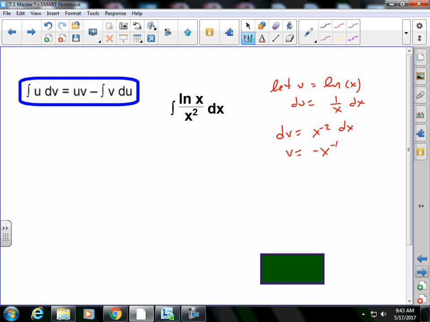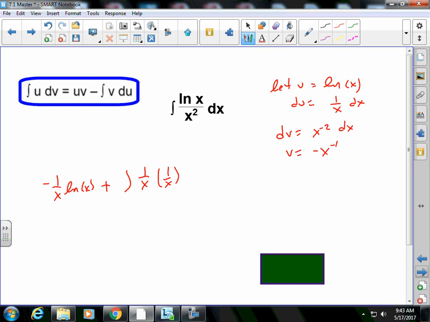So I'm going to build this up. u times v, minus 1 over x, natural log of x, minus v. Well, there's a negative for that v value, so I'm going to put that there. Make that positive. 1 over x times 1 over x.